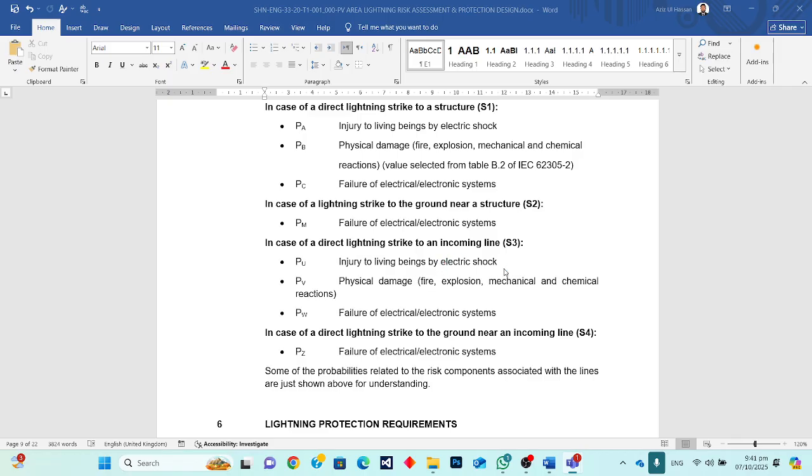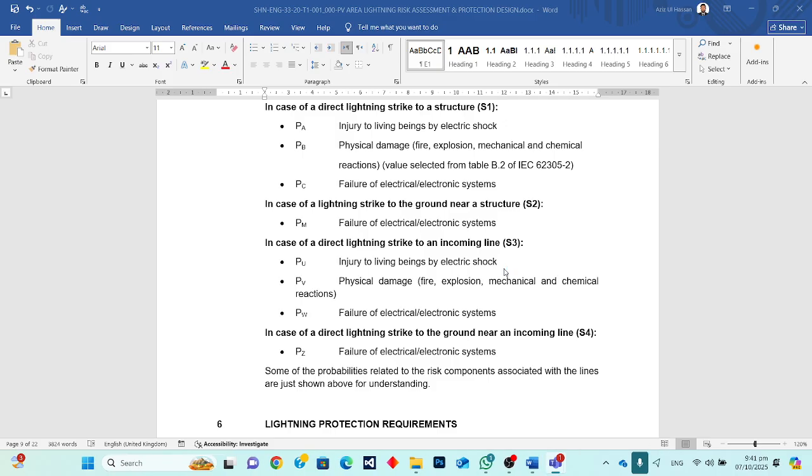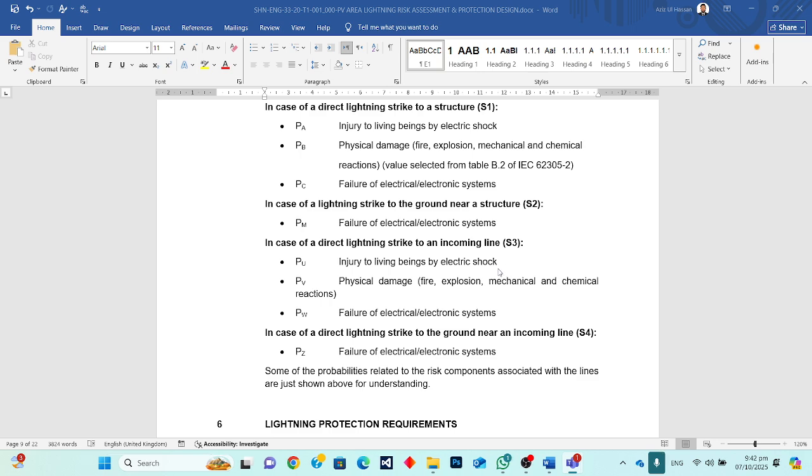Some people are working in that area, and the lightning may strike the transmission lines connected to the structures, and there might be chances of electric shock to the persons, with chances of death or permanent injuries. So the first one is called PU.